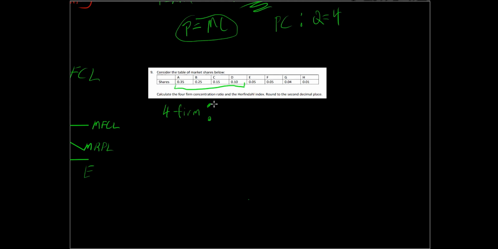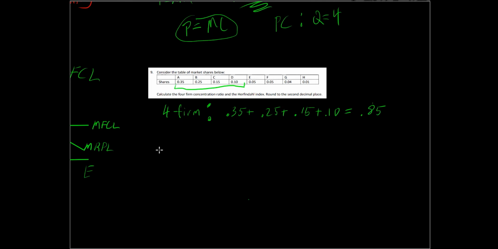So to figure out the 4-firm concentration ratio, we just have to sum the market shares of the 4 largest firms, A, B, C, and D. So that's just 0.35 plus 0.25 plus 0.15 plus 0.10. And summing all that up, we get 0.85, which tells us that 85% of the market share is held by the 4 largest firms, which is quite concentrated.